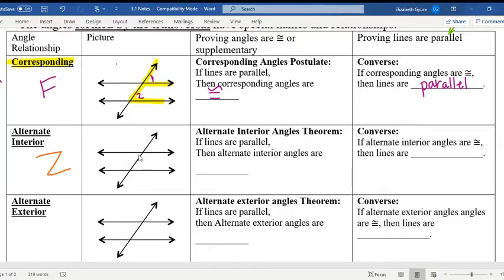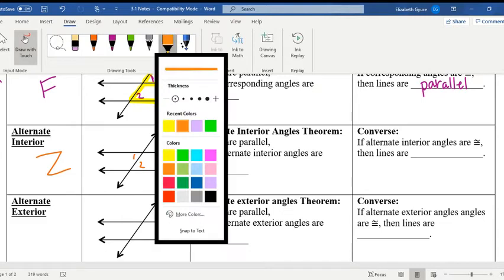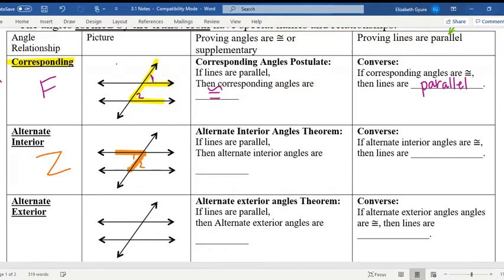So if we're talking about interior angles, we're just talking about things between these two lines. So one example of alternate interior angles would be this angle and this angle. I'll call this one 1 and this one 2. And then again, if you take your highlighter and you box in those corners, you'll see your Z shape. So if I box in this corner, box in that corner, don't you have your Z shape?